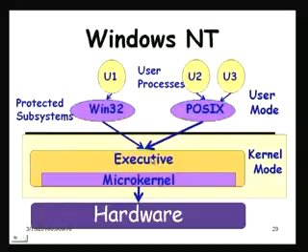The executive also operates in kernel mode, but it provides higher level services than the microkernel, and the microkernel is the one which interacts with the hardware. There are two types of interfaces here, the Win32 interface and the POSIX. We will discuss POSIX today, that is the main focus of today's discussion, and the user level processes can run using both these interfaces.